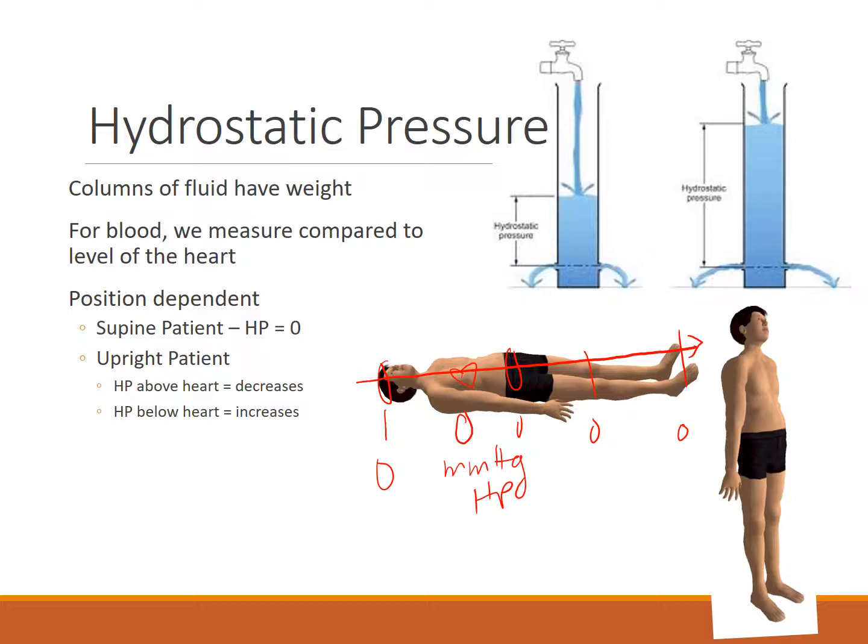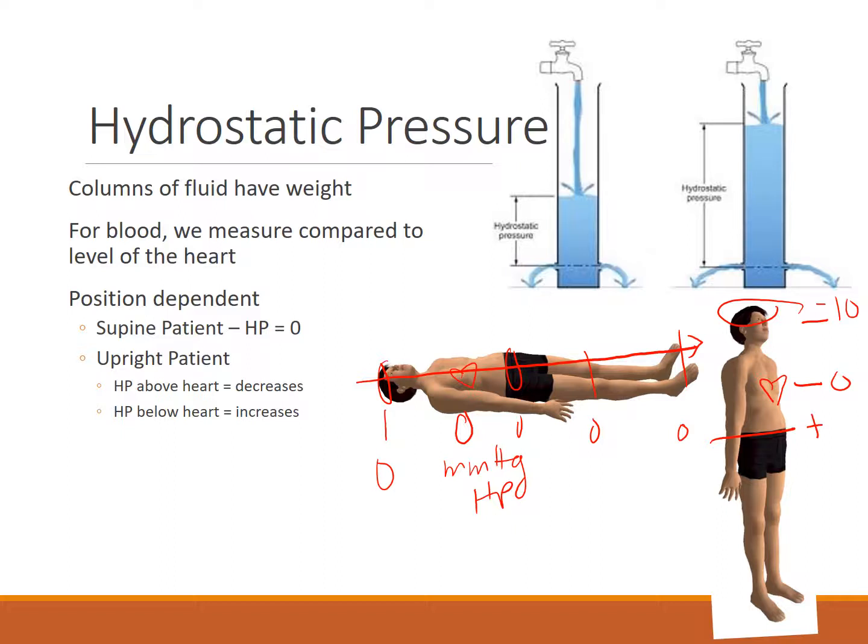That all changes when we put the patient in an upright position. We still have 0 at the heart. Because there is less gravity or less fluid stacked upon itself in comparison to the heart level, the head will be a negative number. We'll say negative 10 for the sake of ease. But as we travel below the heart, we're going to get positive numbers.